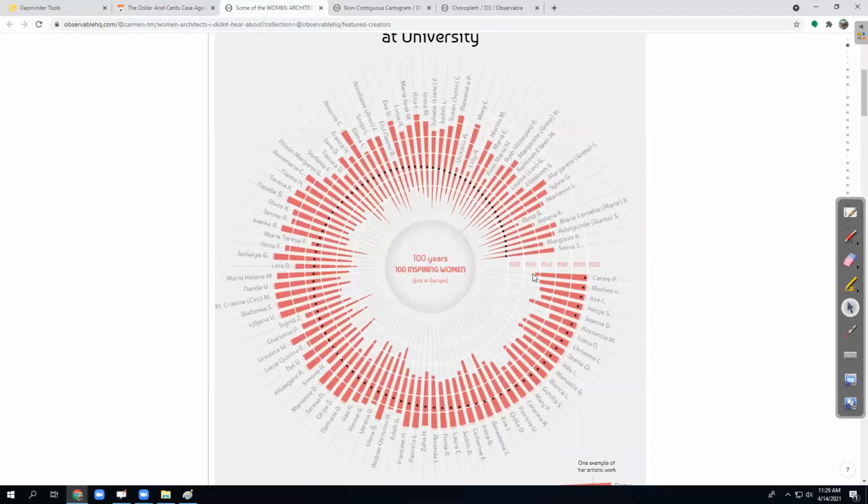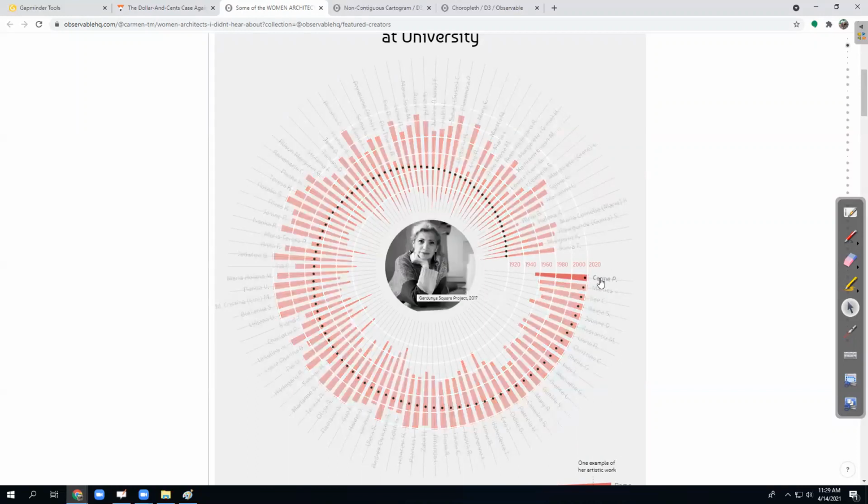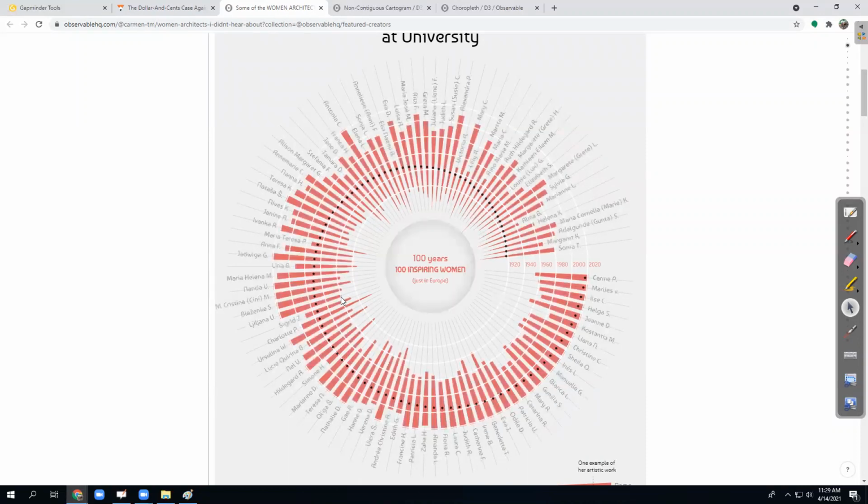So this woman here was born in the 40s and is still alive in 2020. If we point to her name, they'll tell us who she is. I just thought this was an interesting graphic in the way they use the spiral and these sections coming out for the lifespan of the person. Cute graphic.